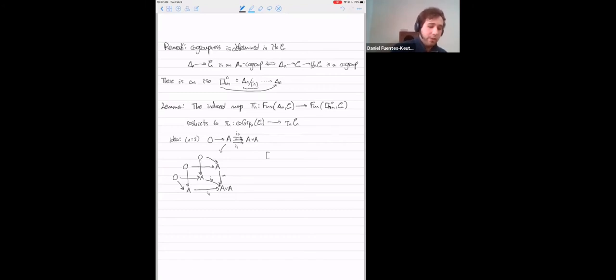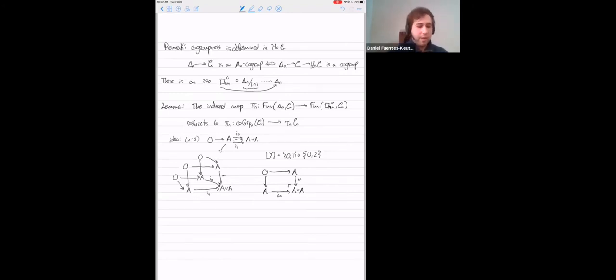So for example, what do I have to do? I have to make a partition. If I partition 2 into 0, 1 and 0, 2, then my condition 2 prime tells me that the square that goes from 0 to A, and it has an inclusion there, and this map m is a pushout.